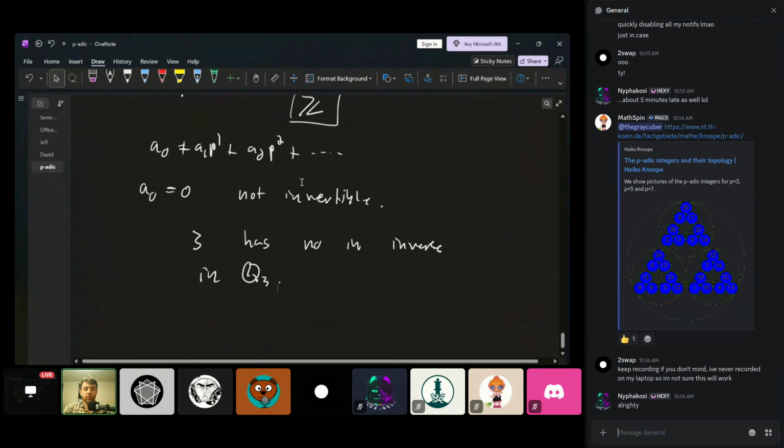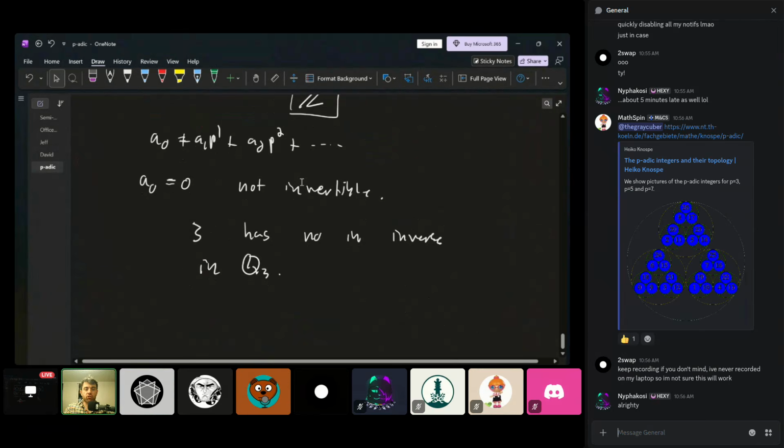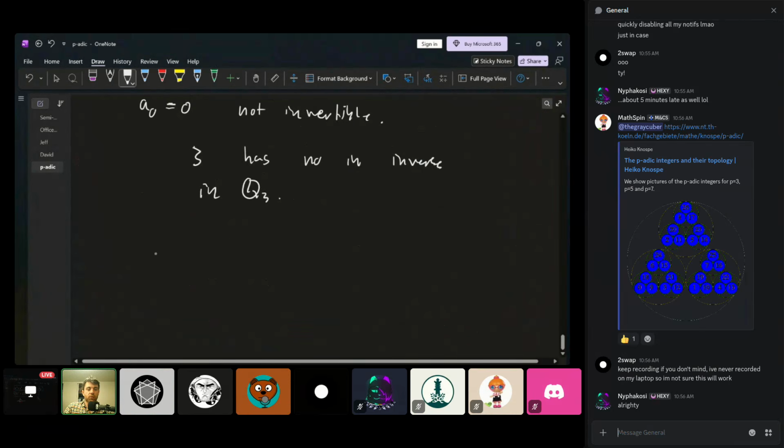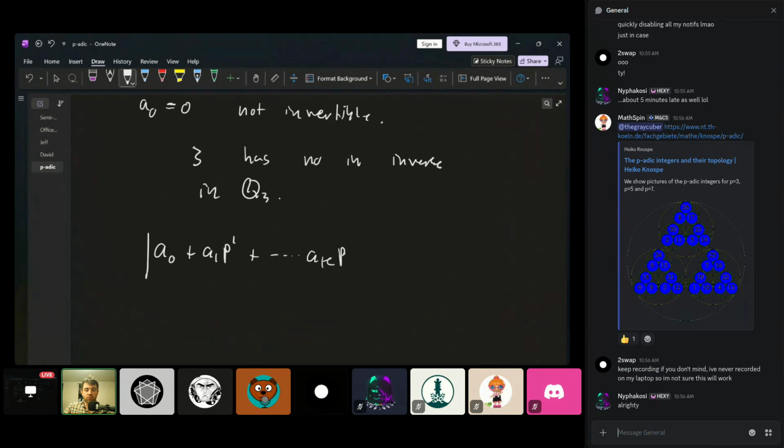One thing that's maybe worth mentioning is also, why does this thing converge? Well, if we think about the kth partial sum of this, what's the p-adic absolute value of the kth partial sum?